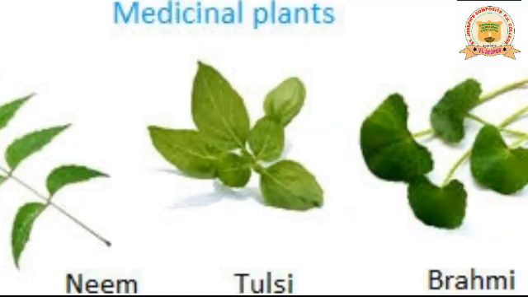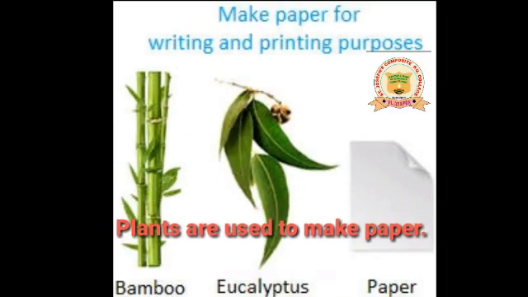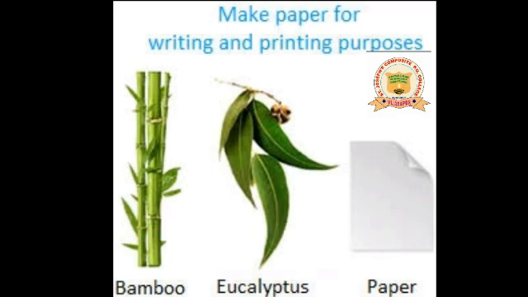Then some plants are used to make paper. For example, the stem of bamboo, the leaves of eucalyptus. These plants are used to prepare paper, and that paper is useful for writing and printing purposes also. Means plants are used to make paper.